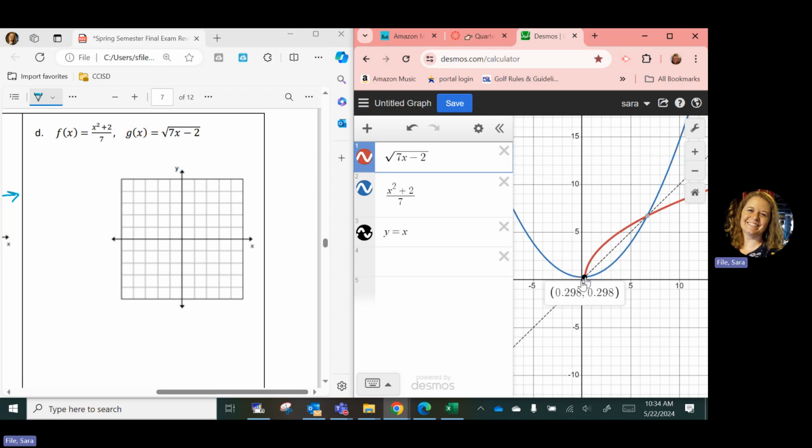So this 0.298 is where this one starts. Graph that.